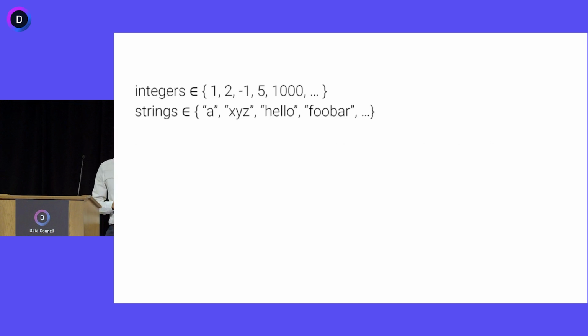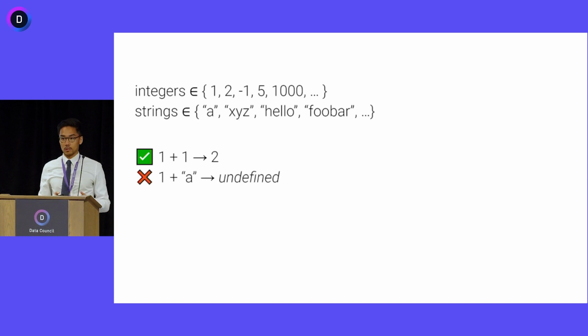So if you consider the set of integers or strings, these are infinite sets, but here are some examples. Depending on the programming language or mathematics that you're using, adding two integers is well defined. 1 + 1 = 2. However, the operation of adding 1 plus the string a is undefined.